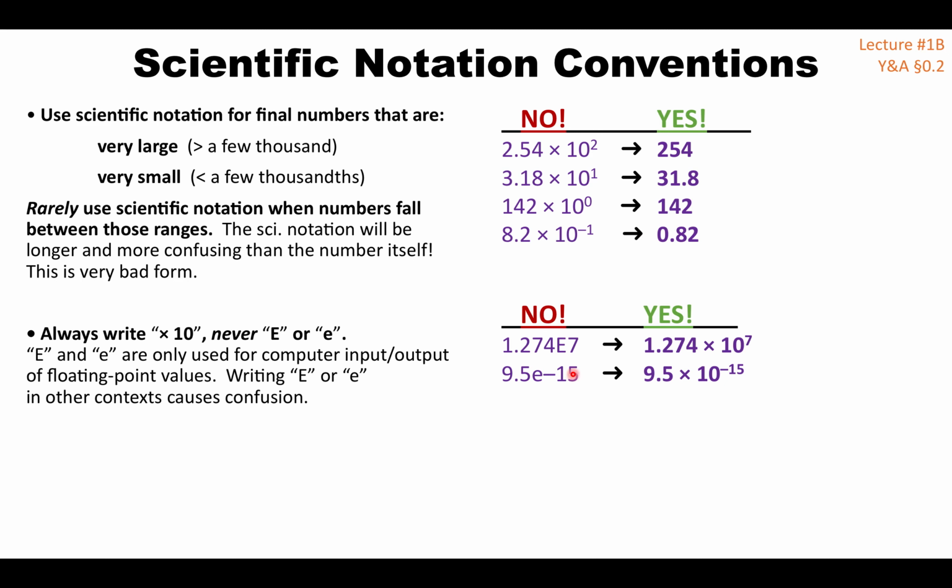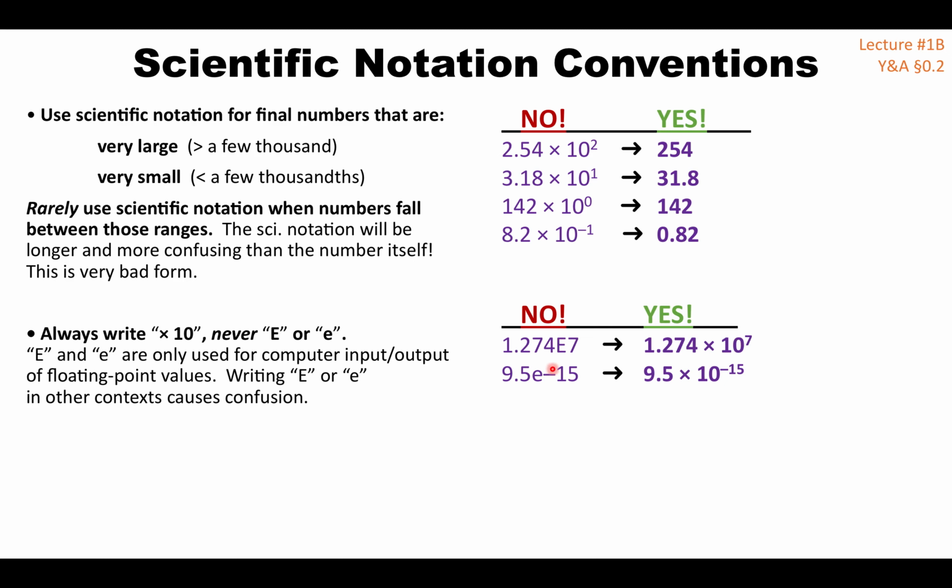The last thing is when dealing with computer inputs and outputs, the way computers deal with very large and very small numbers, floating point inputs and outputs, is to replace the times 10 to the by either a capital or a lowercase e. However, when you're using a pen or a pencil or a stylus and you're just writing by hand, then there's never any reason to write it as an e instead of as 10 to the 7.